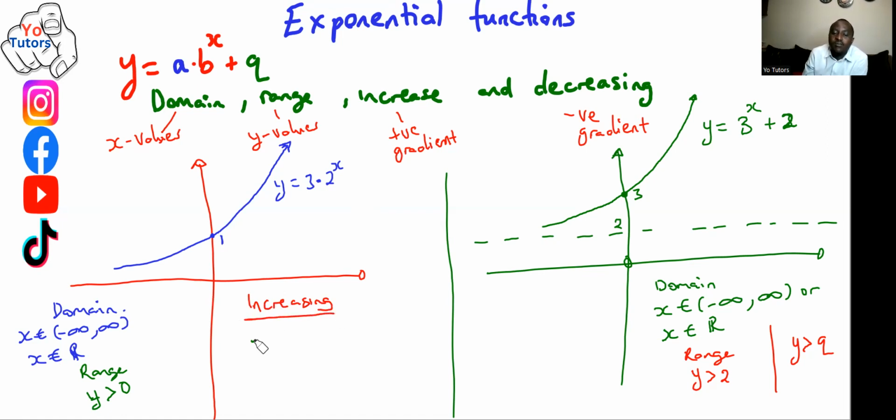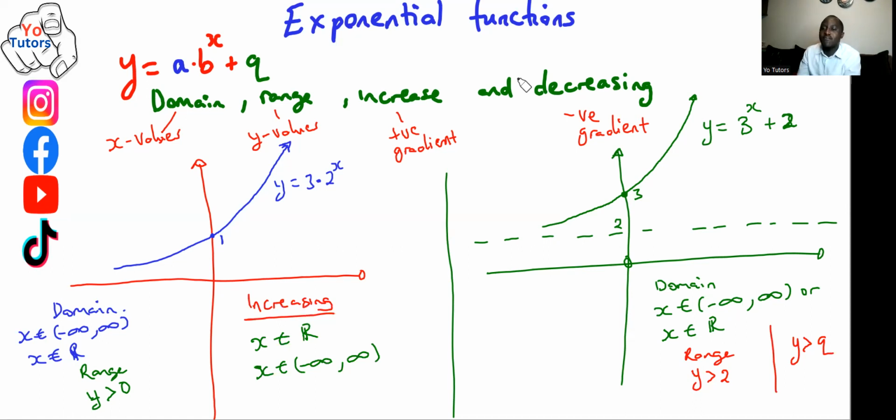For x element of real numbers, or you can say x element of negative infinity to positive infinity, because there is no restriction here. It's increasing from here up until positive infinity. The gradient is not affected by anything here. So whether it's increasing or decreasing, it's still going to be the same thing.